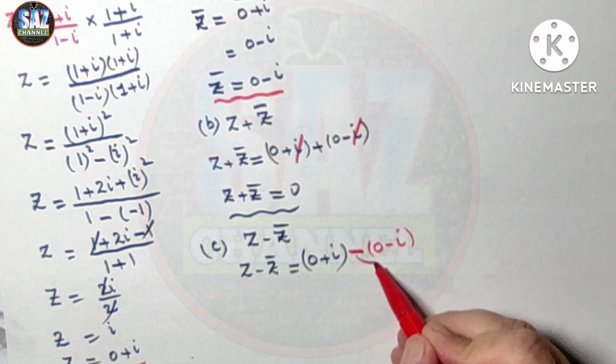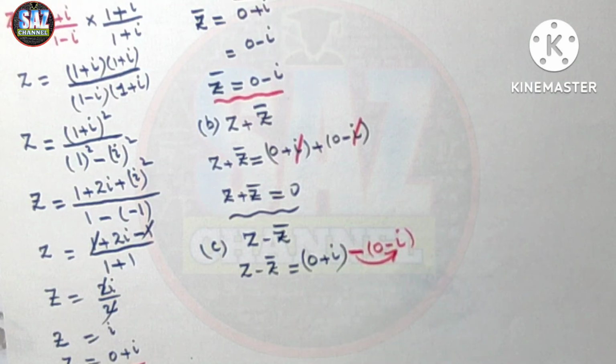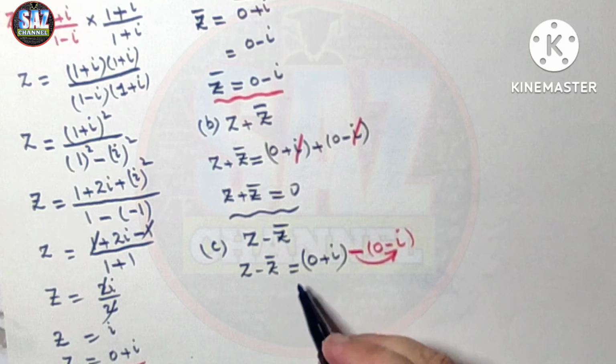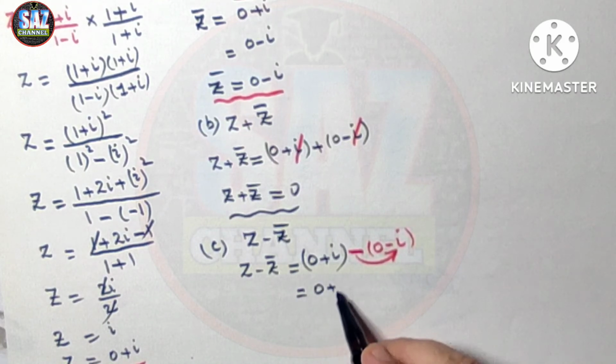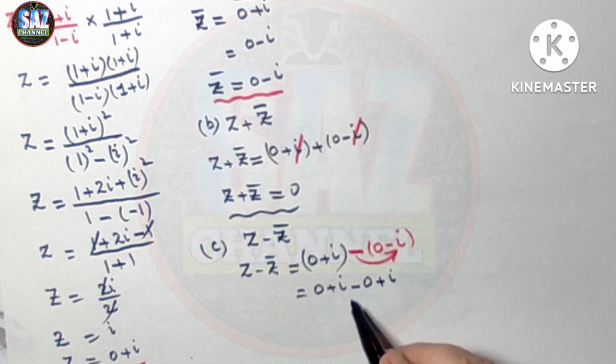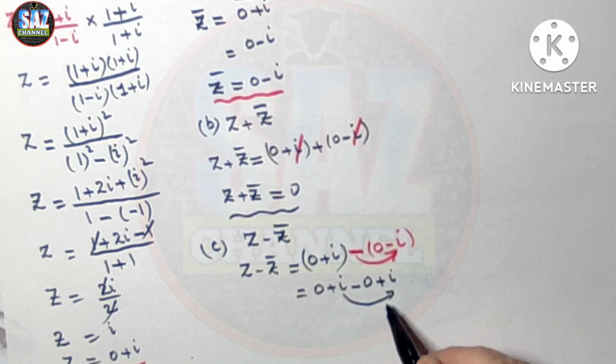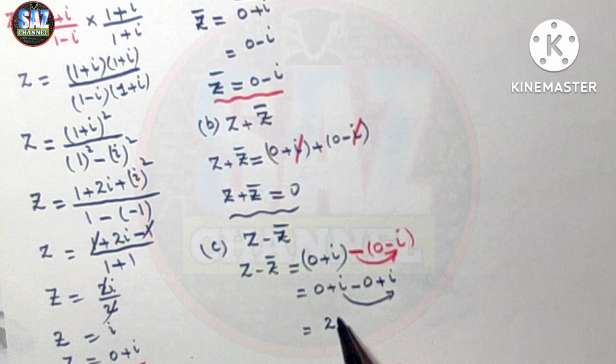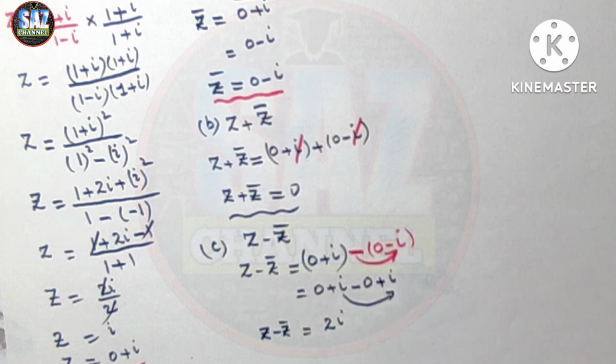Now we have to apply the distributive property. 0 does not have any sign, so it will become 0 plus iota, 0 plus iota minus 0, it is meaningless, but I have to write it, iota, and iota will be joined with iota, and this will become 2 iota. So the difference of the complex number with its conjugate is an imaginary number, a complex number.